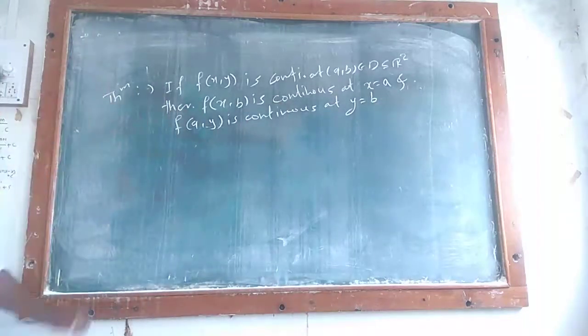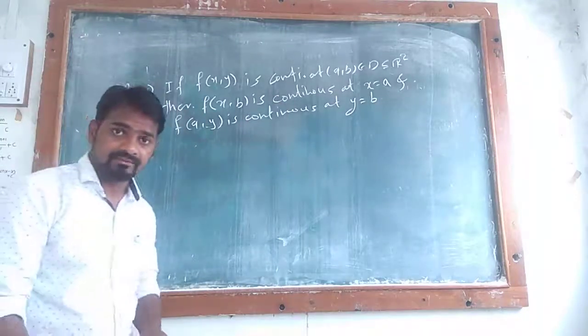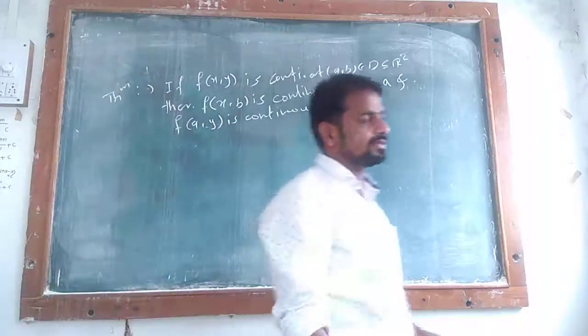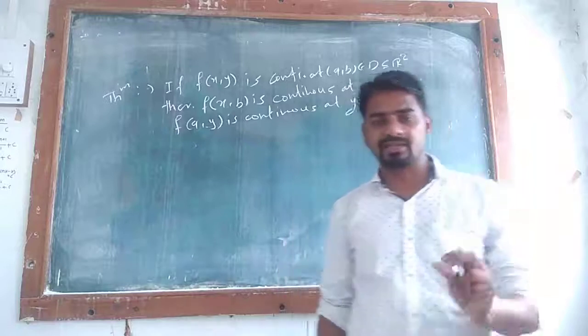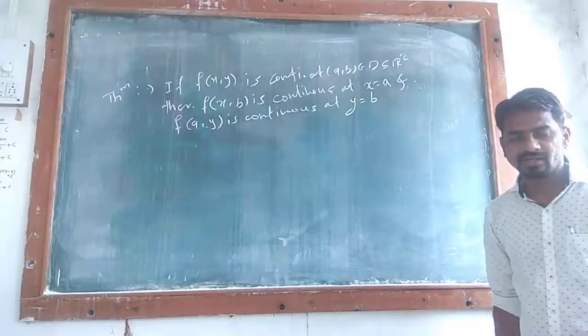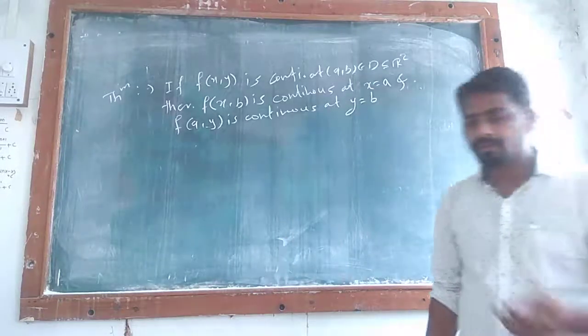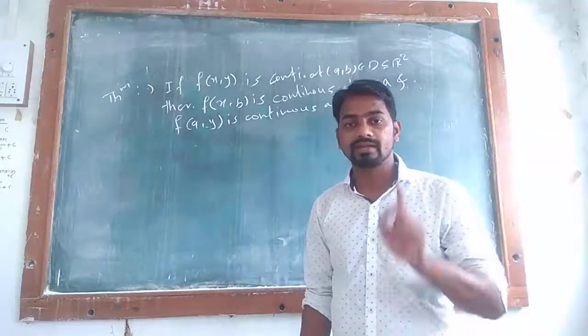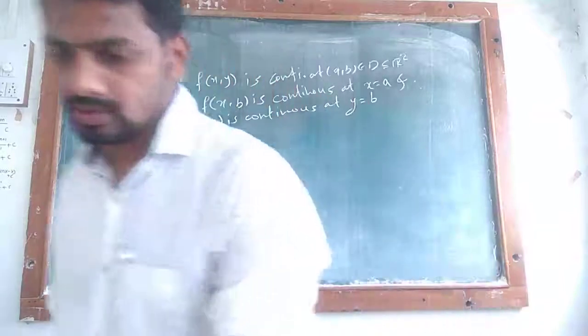That means if f(x, y) is continuous at (a, b), and we replace y by b, then the function f(x, b) is continuous at x equal to a, and also f(a, y) is continuous at y equal to b. Okay.